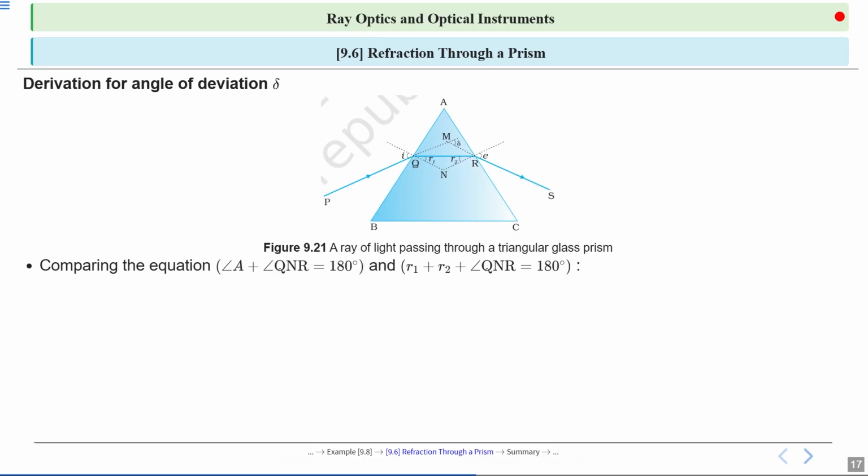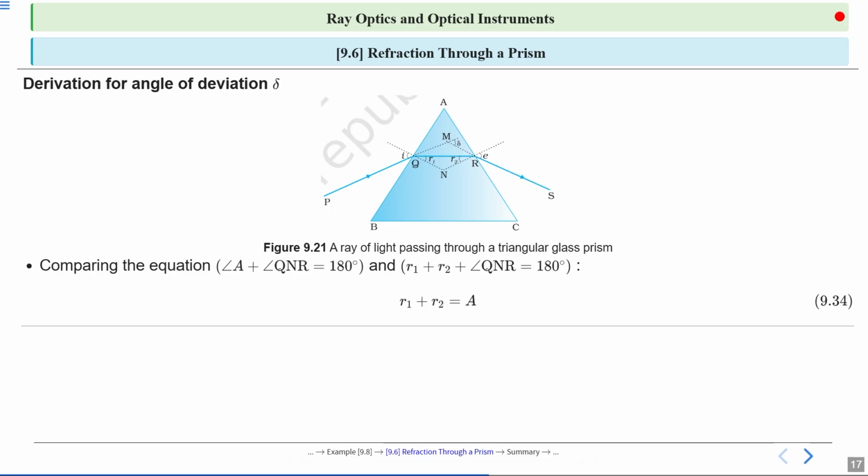Now let's compare the two important equations, one stating that the sum of angle A and angle QNR equals 180 degrees, and another stating the sum of R1, R2 and angle QNR also equals 180 degrees. This comparison helps us understand the relationship between the angles inside the prism and the angles of refraction.